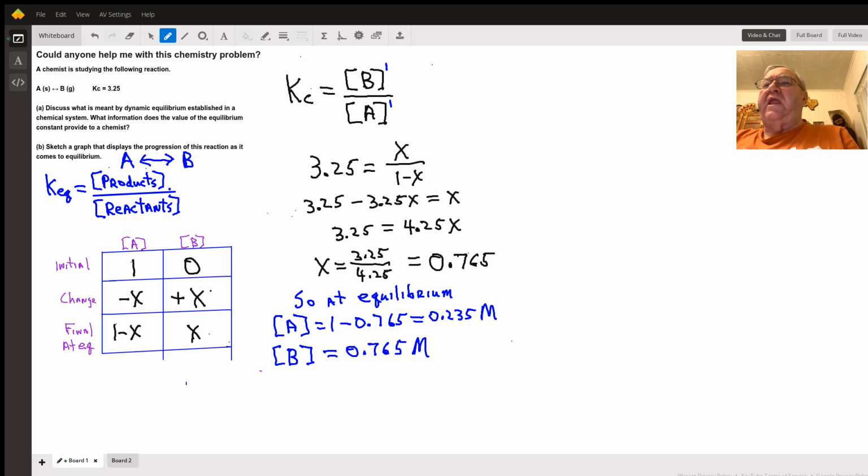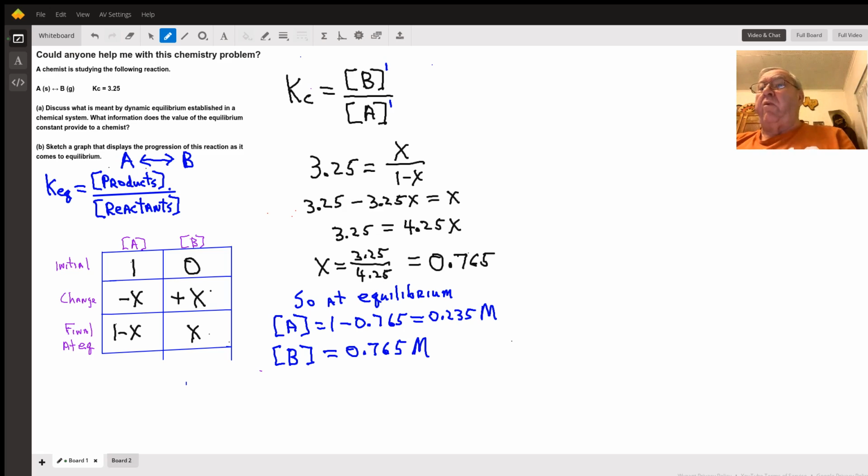We know that Kc is given as 3.25, and we solve for X, which is called the molar solubility. So just put 3.25 equal to X over 1 minus X. Multiply both sides, clear the denominator.